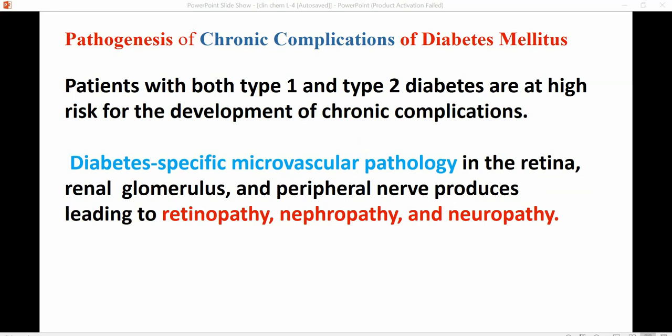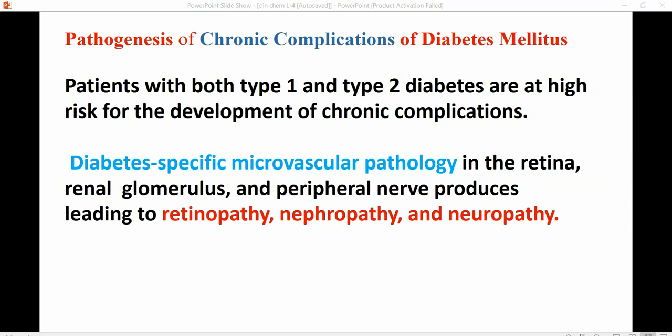Now we will talk about chronic complications associated with diabetes mellitus. Diabetic patients, of both type 1 and type 2 diabetes mellitus, are at high risk of developing serious chronic complications, which can generally be categorized as either micro or macrovascular complications.